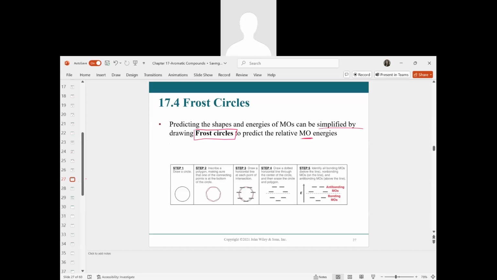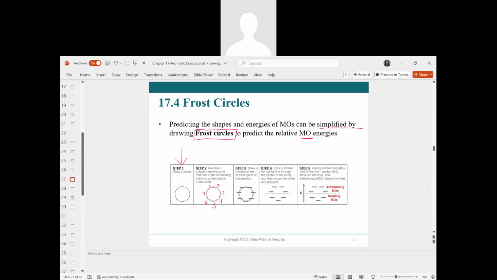Step 1 is always to draw a circle. Step 2 is to inscribe a polygon inside the circle, the shape of your cyclic conjugated structure. This one here has 1, 2, 3, 4, 5, 6, 7 sides. This is a cycloheptatrienyl system.